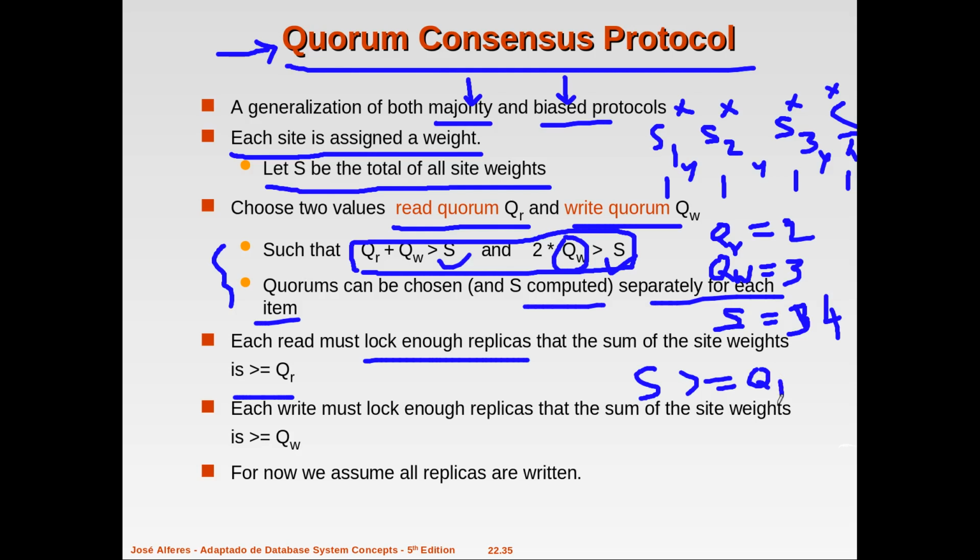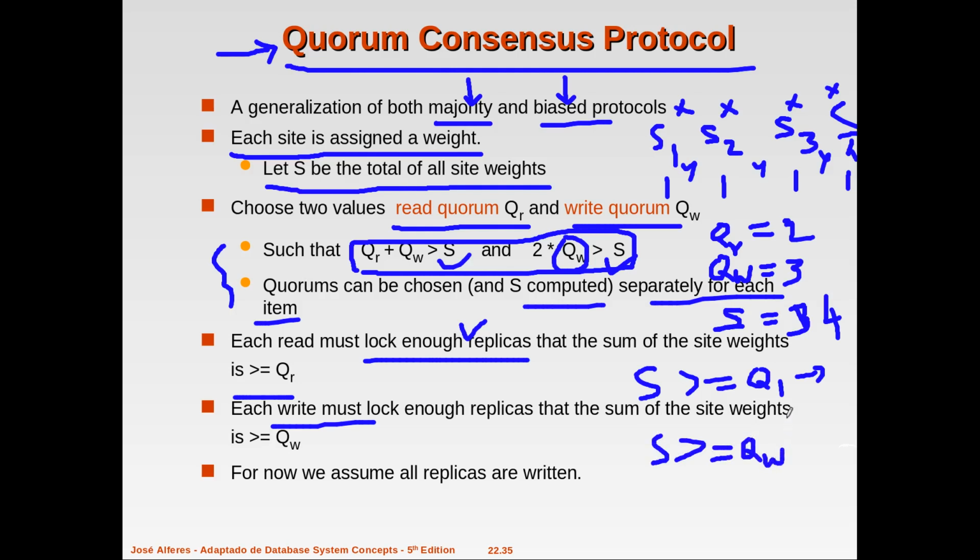If we get a total sum of site weight which is greater than or equal to QR, the quorum, then enough replicas are locked for the read operation. Similarly, a write lock must lock enough replicas with the sum of site weights greater than or equal to QW.